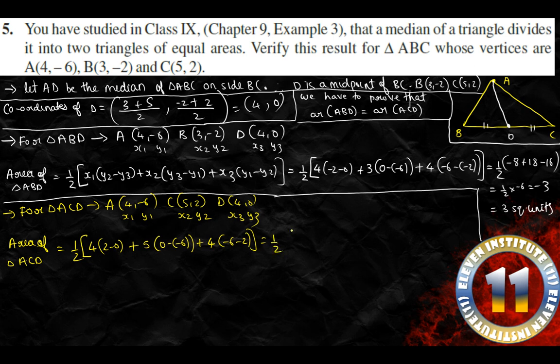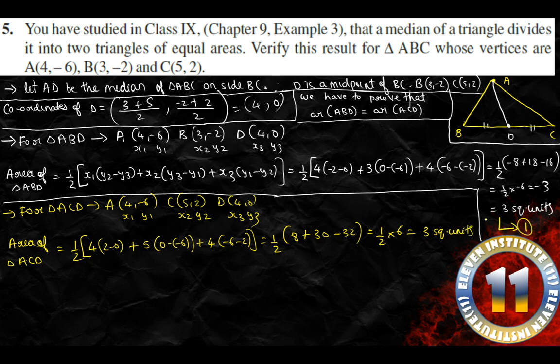So we have half into 8, minus minus plus 6 5s are 30. Minus 6 minus 2 minus 8 into 4 is minus 32. 30 minus 32 is minus 2. 8 minus 2 is 6. So here we have half into 6, and half into 6 again is 3 square units.